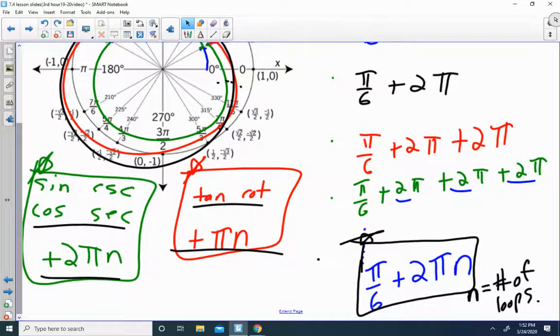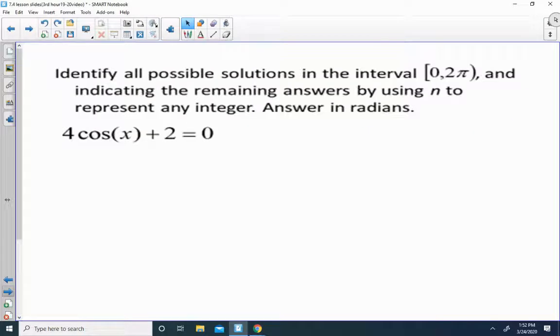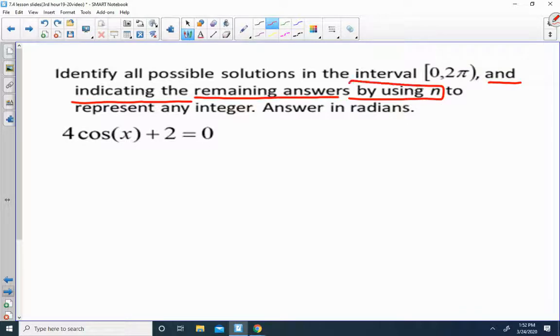And now that I have taught you that notation, let me show you how to use it. So, let's read the instructions. Identify all possible solutions in the interval 0 to 2 pi and indicate the remaining answers by using n to represent any integers.